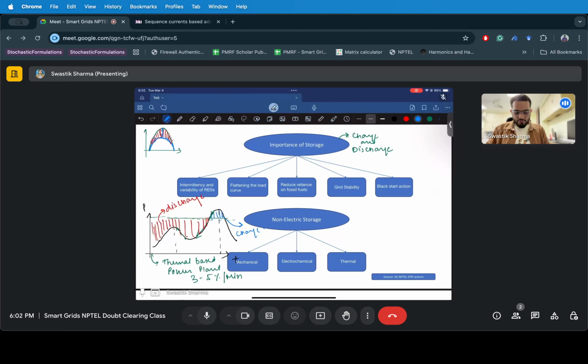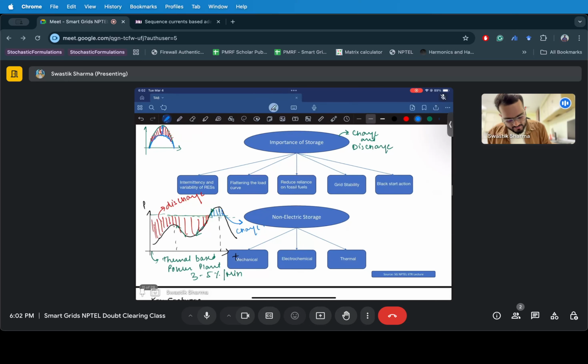Next, because you are specifically targeting the intermittency and variability of the renewable energy system, you can indirectly or directly reduce your reliance on these fossil fuels as well, right? Also, they can help you in grid stability.